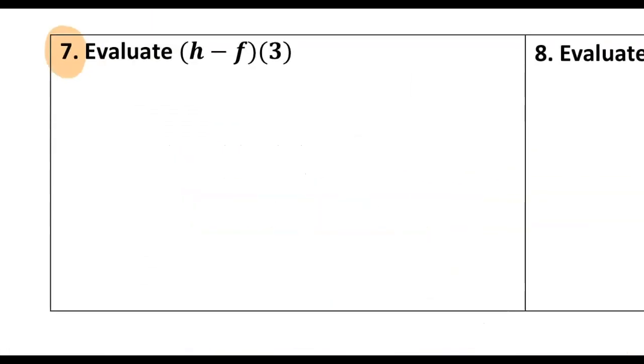All right, so let's look at question number 7. First, Tristan, what did you get for question number 7? What was the answer? Negative 16? I'm just making sure I heard you right. Okay, let's double check. What did you do to get negative 16?